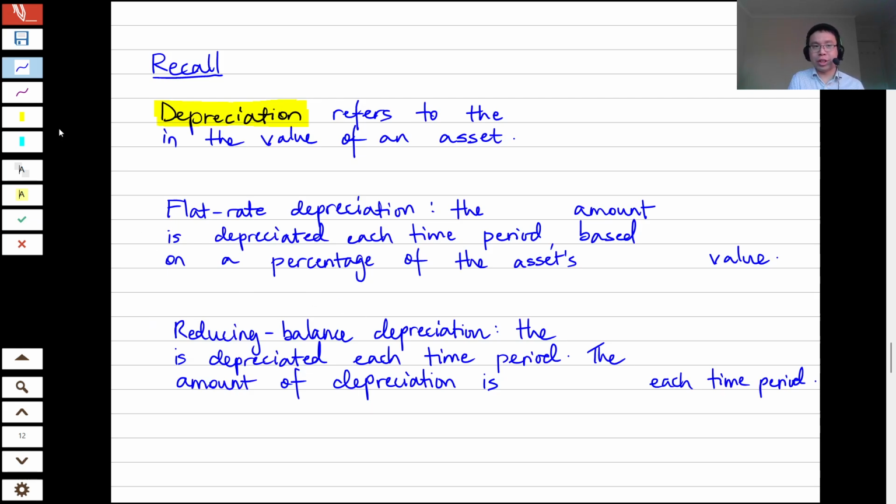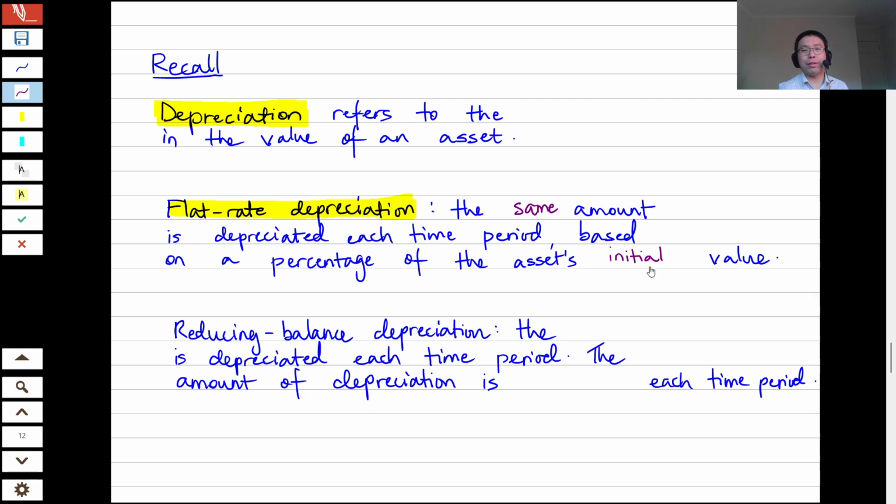Flat rate depreciation, which we introduced in a previous class, is a method which involves depreciating by the same amount each time period, based on a percentage of the initial value of the asset. This should sound quite similar to simple interest. The interest payment is based on a percentage of the initial amount in the account.